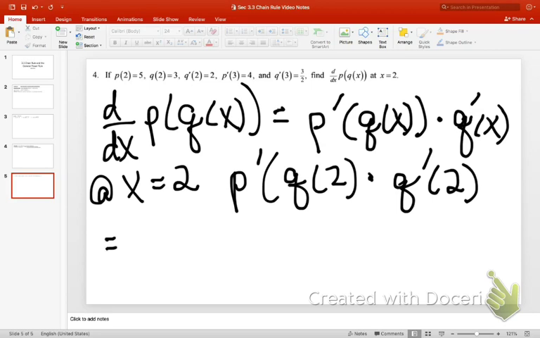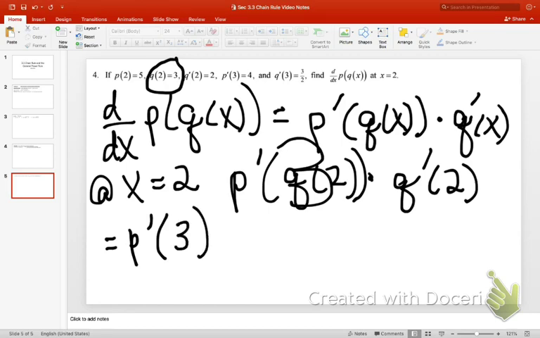So let's take a look at this. First of all, what is Q of 2? If I look at my definitions, Q of 2 is equal to 3. So this is P prime of Q of 2, which is P prime of 3. So I'm going to put a 3 in there, times Q prime of 2. All right, so back to our definitions.